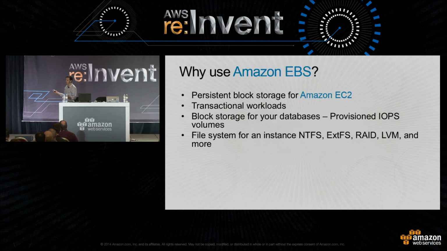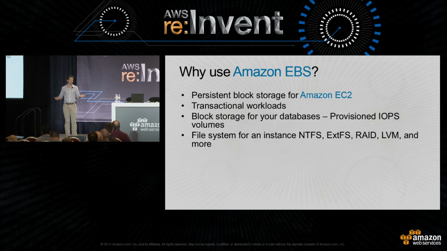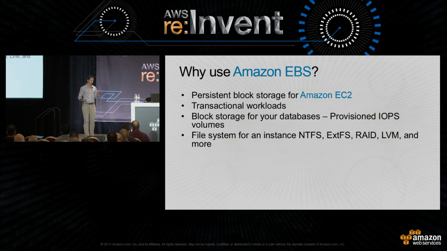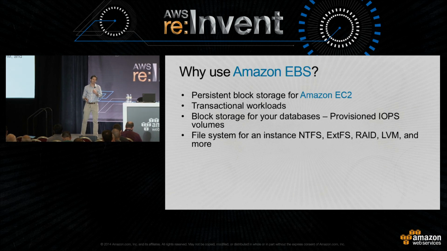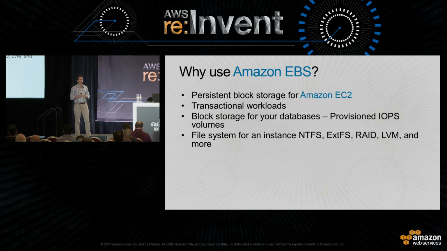So where do we use EBS? Why do we use EBS? We use it when we need persistent block storage for EC2. That's absolutely required. For transactional workloads that need a high level of performance, when we have very intense levels of performance, we tend to recommend provisioned IOPS, because this is where I can really specify exactly how much IOPS I'm going to get.